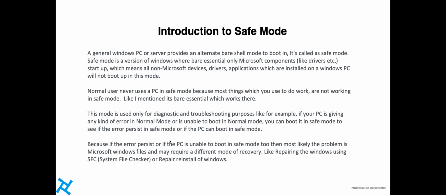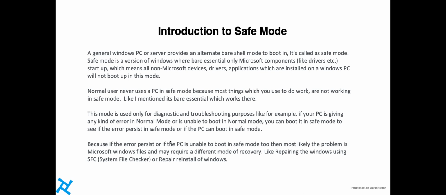For example, if your PC is giving you any kind of error message in normal mode, or it is unable to boot in normal mode, then you can boot it in safe mode to see if the error persists, or if the PC can boot in safe mode or not. If the error persists or the PC is unable to boot in safe mode, then most likely the problem is with Microsoft files, which may require a different mode to fix, like repairing Windows using System File Checker or maybe reinstalling Windows.